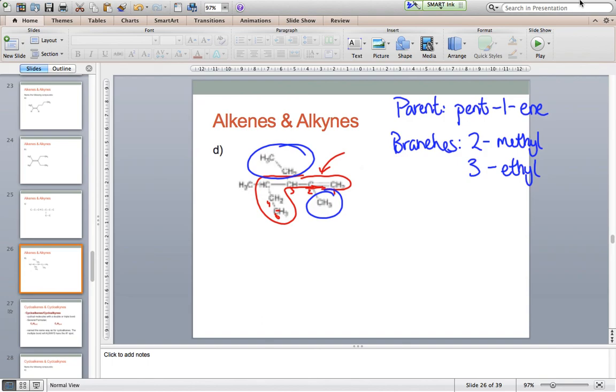Putting this whole name together, again remembering alphabetical order: 3-ethyl-2-methylpent-1-ene. Maybe that doesn't roll off your tongue quite so much, but you know, do your best.